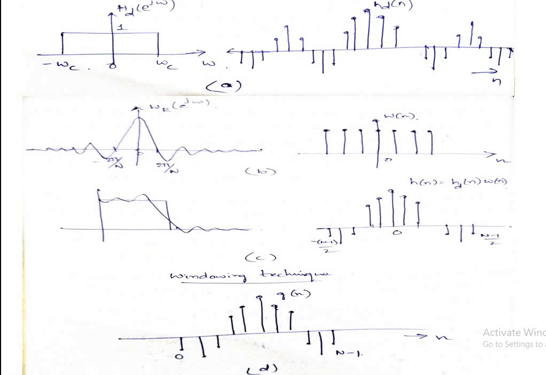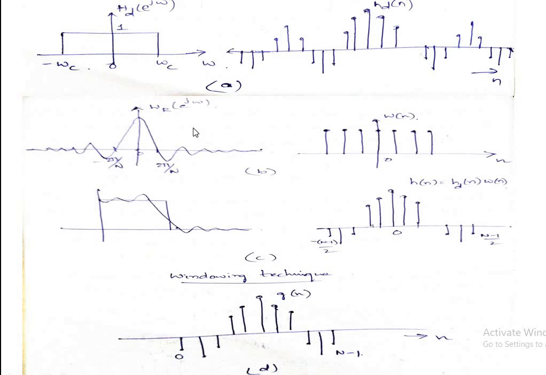Similarly, whenever I multiply this HD of n with W of n, I get my h of n, and the Fourier transform H of e power j omega is shown in this figure. After finding the transfer function in terms of H of z and making it causal, the final impulse response will appear like this, from 0 to n minus 1.